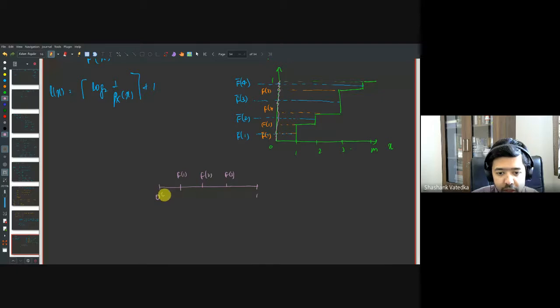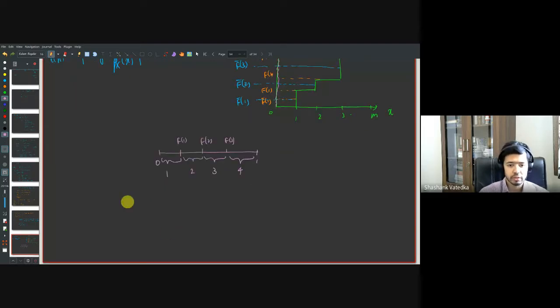Now this is going to be the interval corresponding to symbol 1, this is the interval corresponding to symbol 2, this is the interval corresponding to symbol 3, and so on. Okay, so there is this mapping. I haven't come to Shannon-Fano-Elias coding yet, but each of these intervals corresponds to one particular symbol.